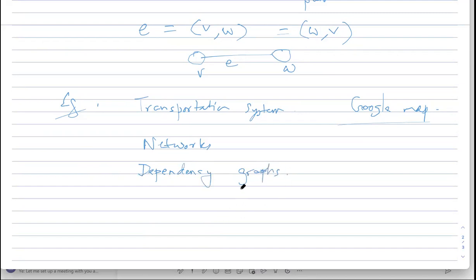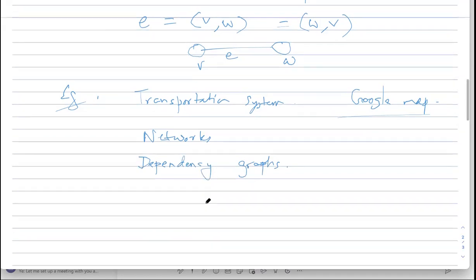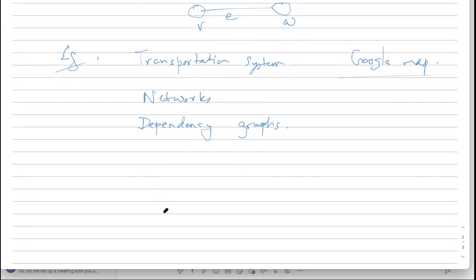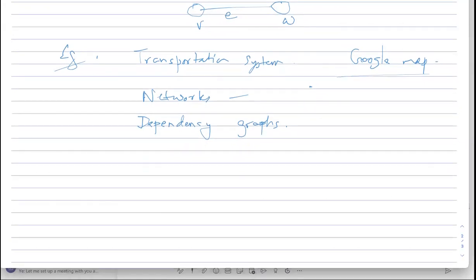The point is that graphs are everywhere, doesn't matter which field you take. For example, in deep learning, as Chris mentioned, networks, the whole convolutional neural network representation is through graphs, like CNN networks.